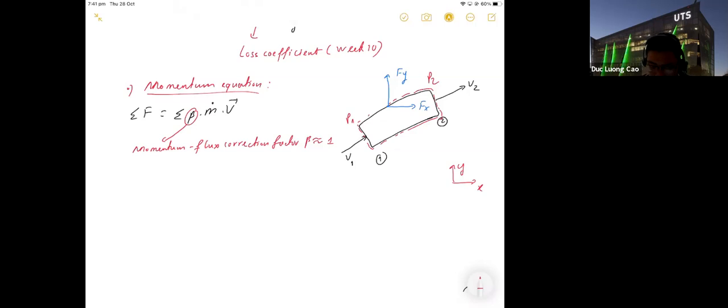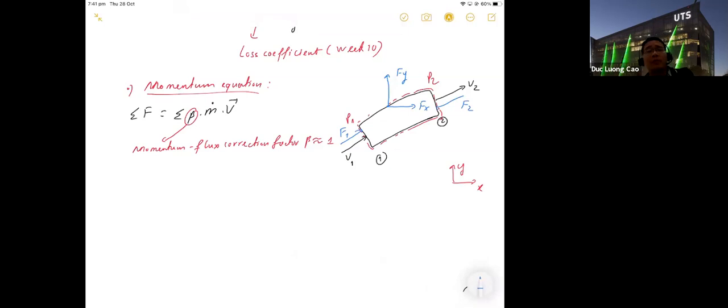Okay, and because at the beginning we have x and y directions, we have to write the momentum equation in x and y. At stations 1 and 2, we have pressure. When we have pressure, we will have pressure force, pressure force F1 and pressure force F2.